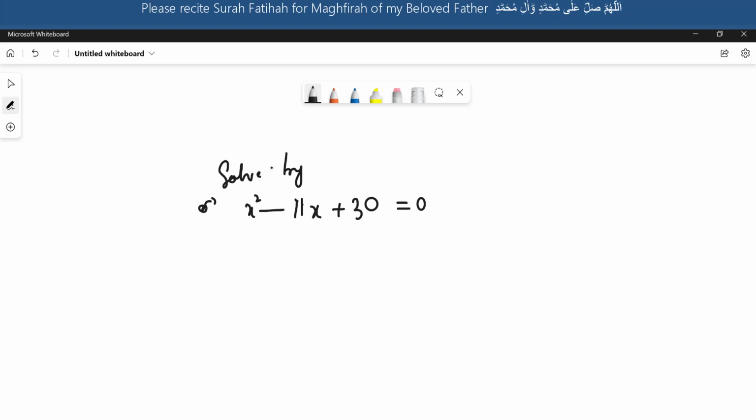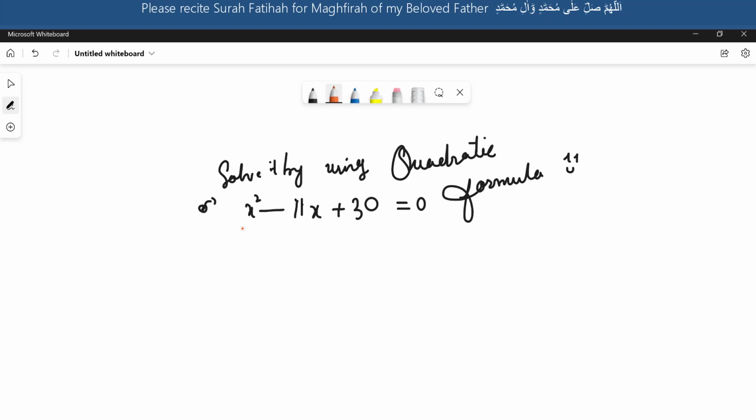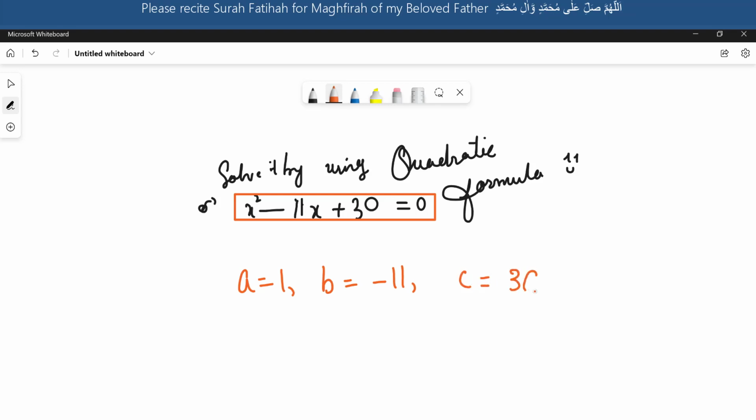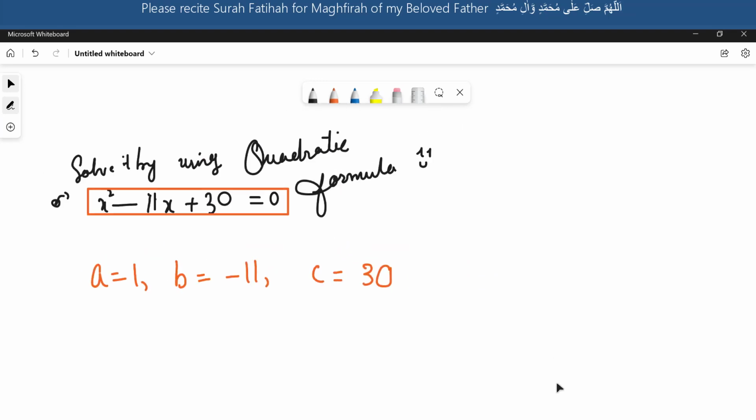We are not going to break the middle term, because you would have to think about which middle terms satisfy this equation. Therefore, you have to use the quadratic formula. You can just use a equals 1, b equals minus 11, c equals 30. Now, I suggest you pause the video and solve it on your own.